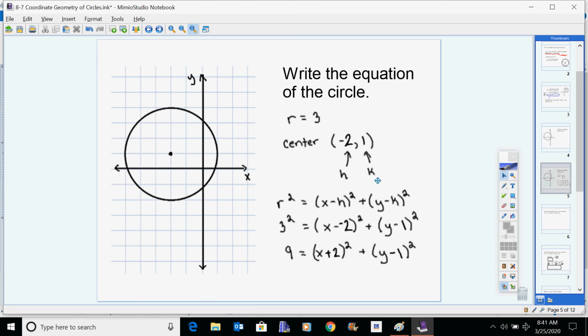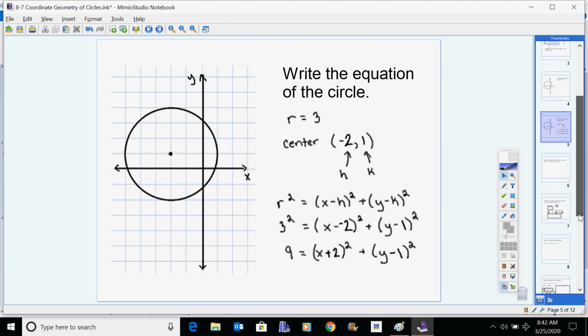So what I did is I went back and I virtually erased what was wrong and I fixed it for you guys, because we do need to understand the center, just like I had said, is -2, 1. So as you go through and you edit your own work, which is what you're doing when you are working on your homework or whatever, and you've got your pencil out, it does help you to be able to go back and do those edits.